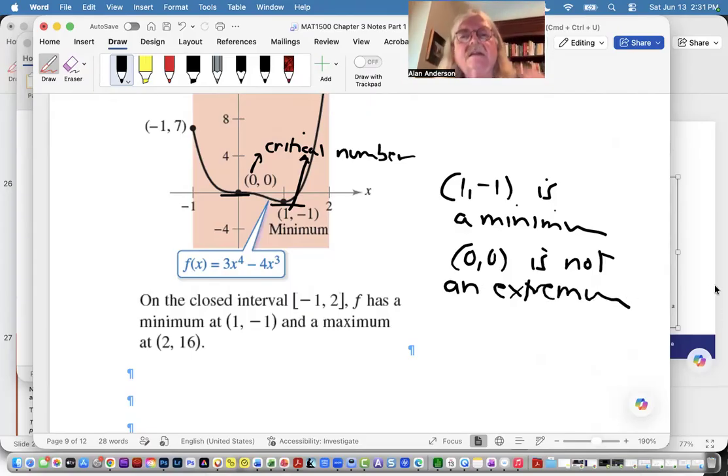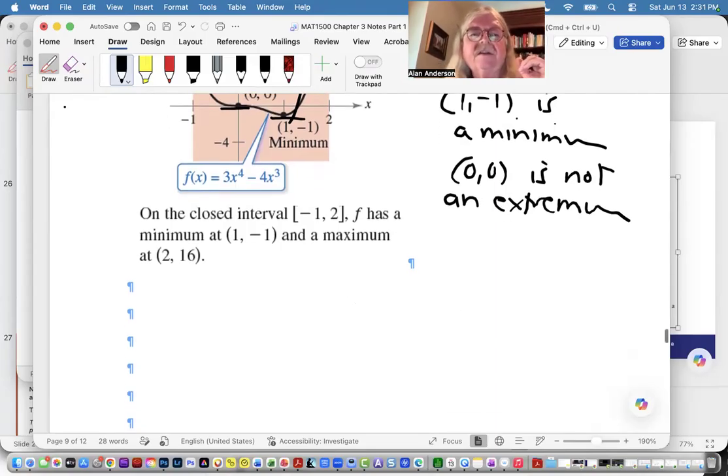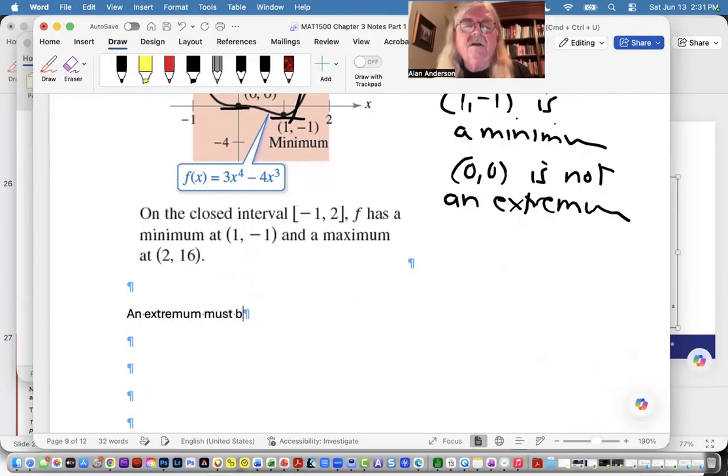So this is an example why we have to be careful with our definitions, because what it's saying here is that an extremum must occur at a critical number, but not every critical number.